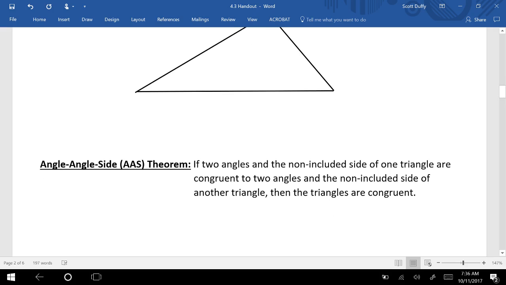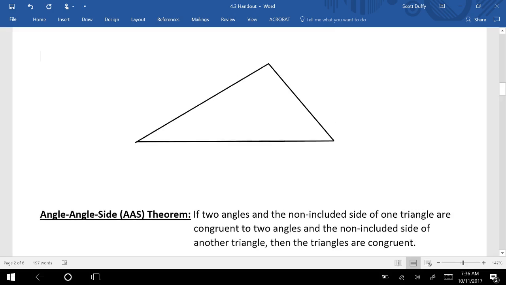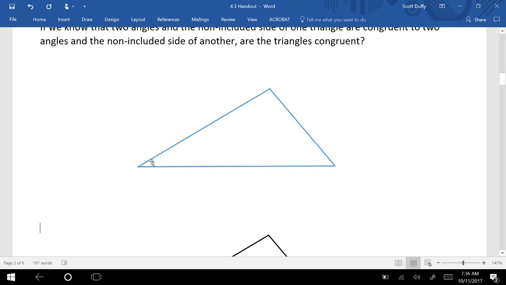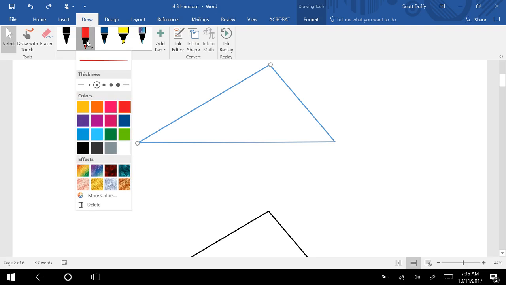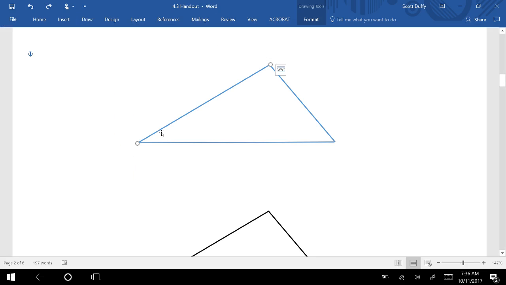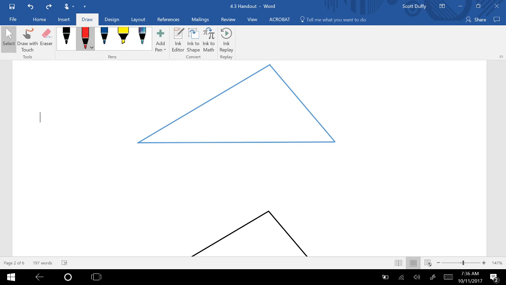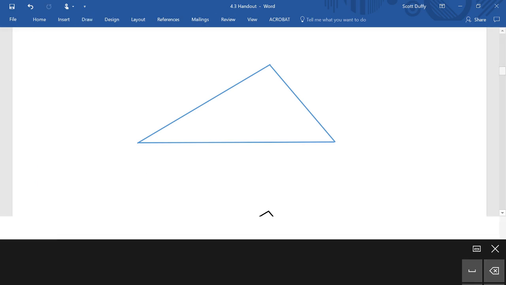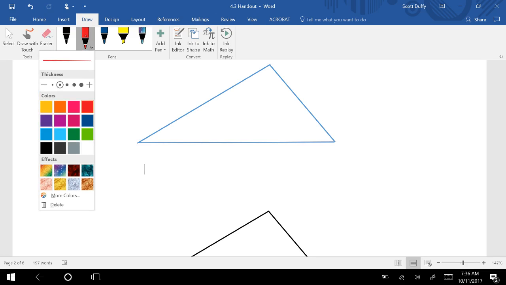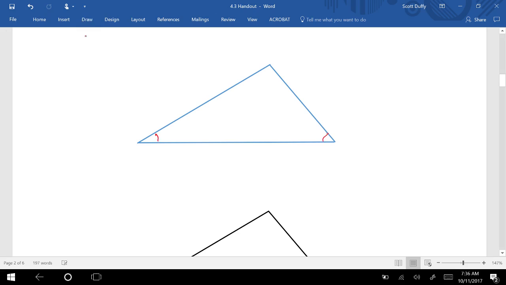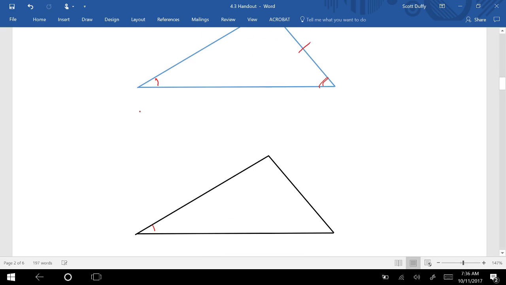So if we're given two angles and the non-included side of a triangle, so we're saying we are given this, and then we're given this angle, and we're given the non-included side off to the side there, equal to that, equal to that, equal to that.